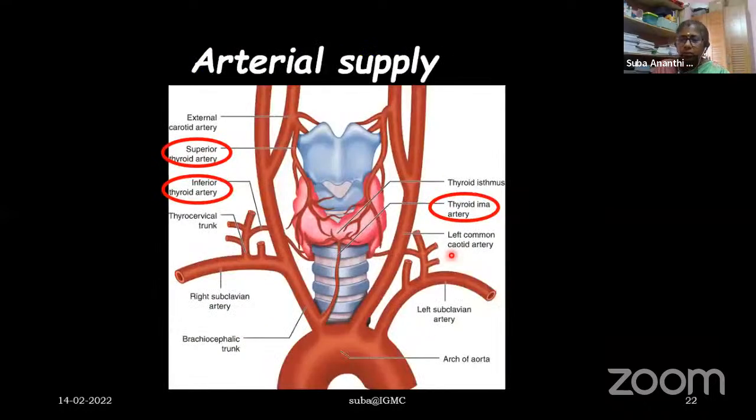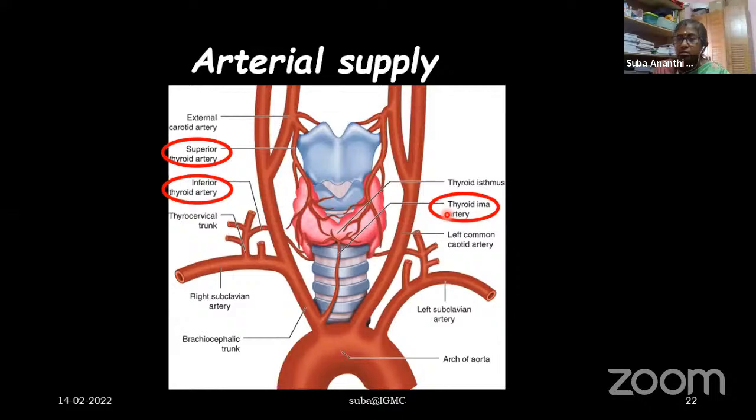So moving on to the blood supply. Blood supply includes arterial supply and venous drainage. As I have already told you, it's a highly vascular endocrine gland. So it is supplied by the superior thyroid artery and the inferior thyroid artery. In 3% of individuals, we have the thyroid ima artery.